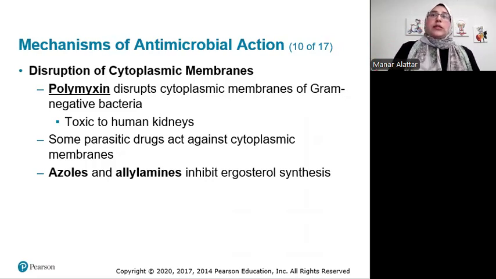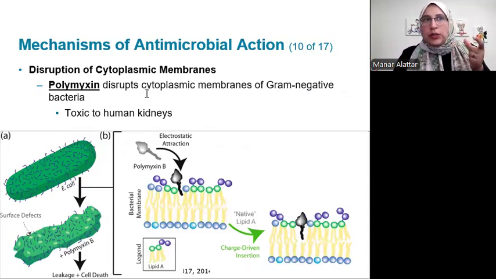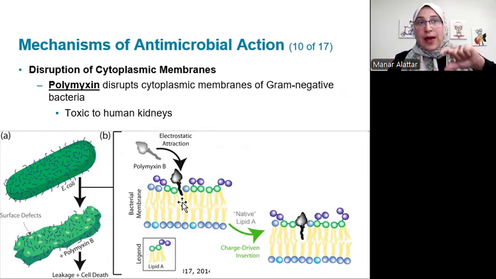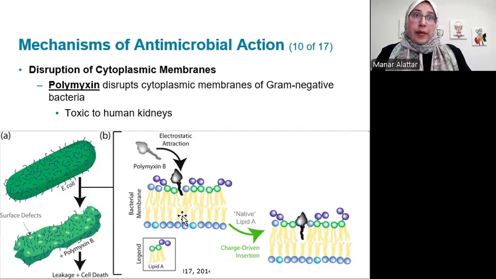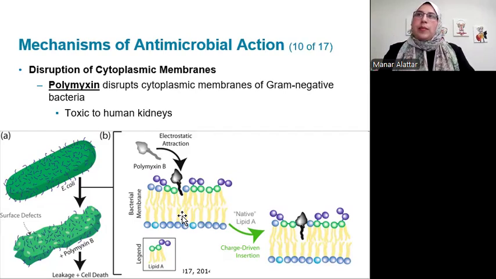So polymyxin, what does it do? Polymyxin essentially, its structure is similar in a way to a surfactant or even mimics some of the molecules within the cell wall in that it can insert itself because it has a fatty acid chain, but also it has positive charges as well. It can literally insert itself into the membrane and just create little punctures or little holes within the membrane.